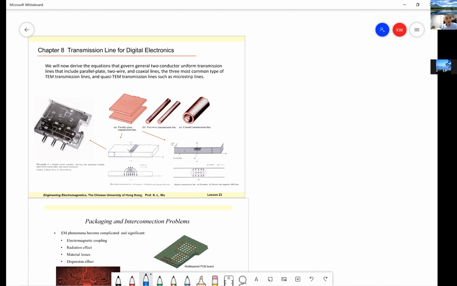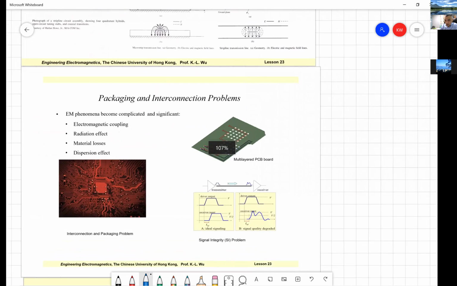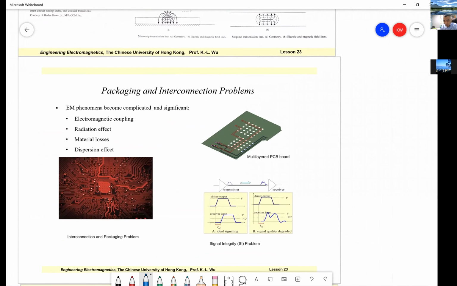What is a transmission line? Let's take a look at this picture. Does that look familiar? Yes. So that is basically a very common PCB circuit board.